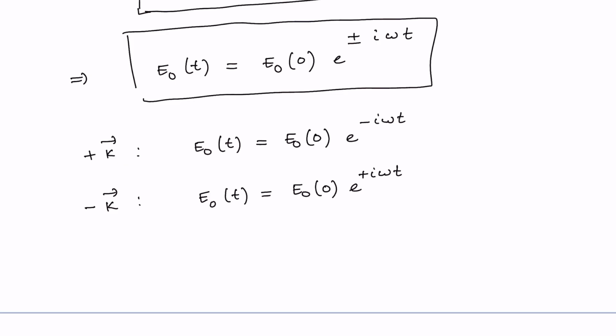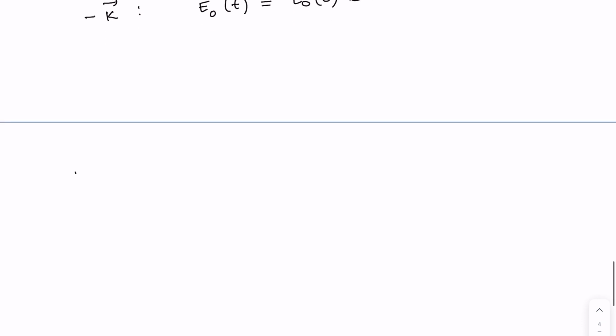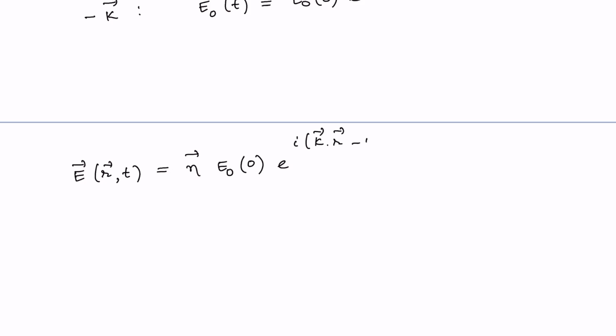However, what we are going to do is keep only one solution, that means just one mode, and we will consider the wave which is propagating in the plus k direction only. And in that case, I can write down the electric field expression E of r,t is equal to, this is the mode we are going to consider, eta is the polarization direction, E0 of 0 now I am putting, and e to the power i k dot r minus omega t plus complex conjugate.